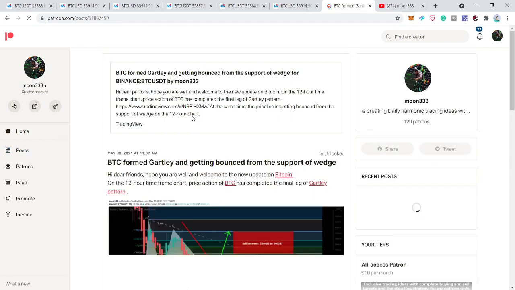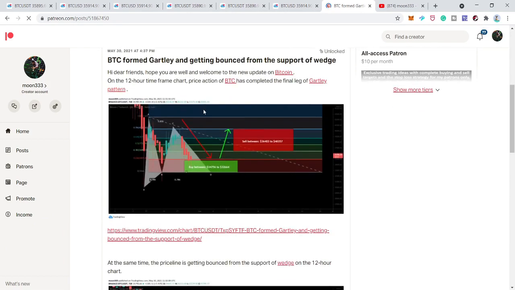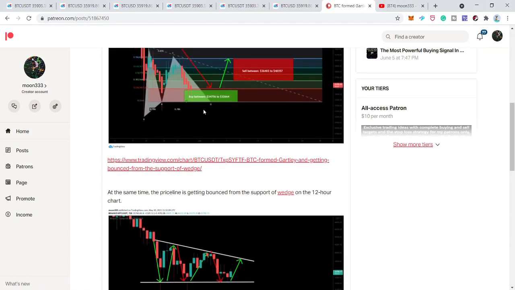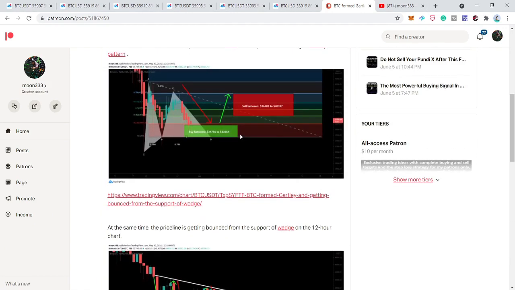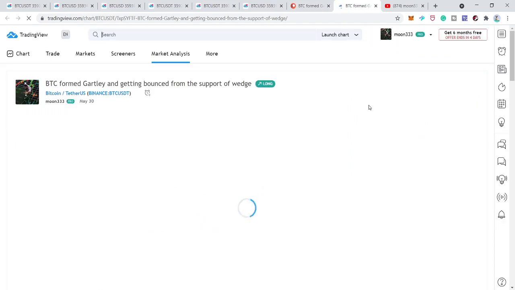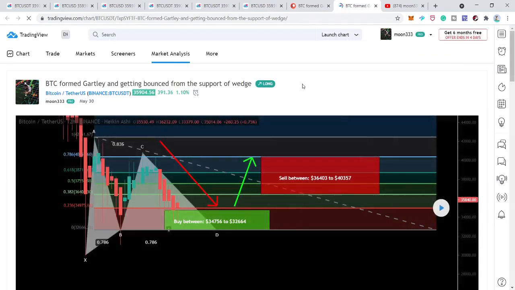You can see that this was the pattern that the Bitcoin previously completed, and at that time it was also bouncing from the support of this triangle. Now let me play this chart and you can see how this harmonic move worked.